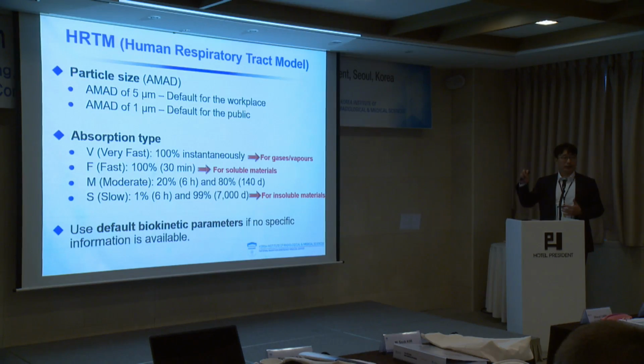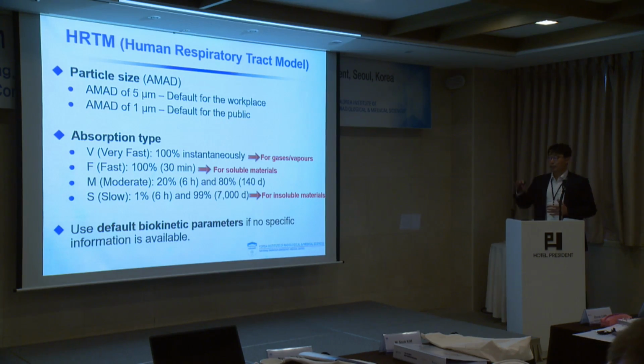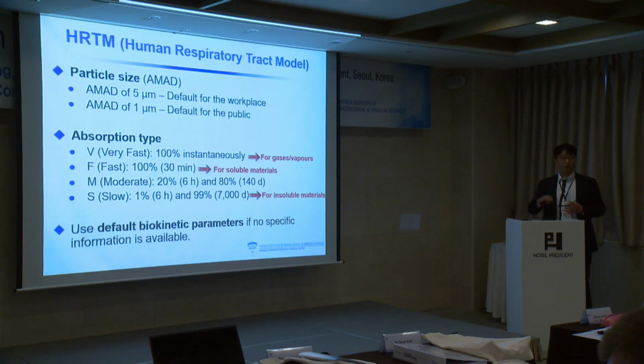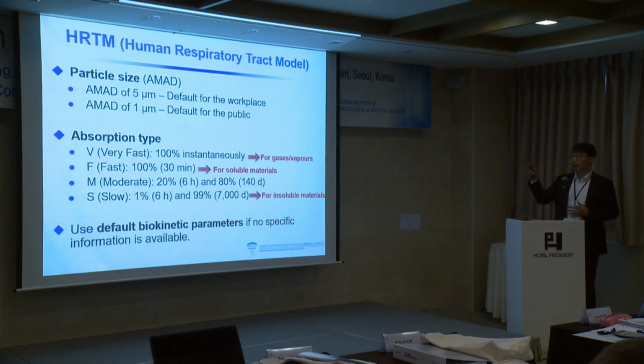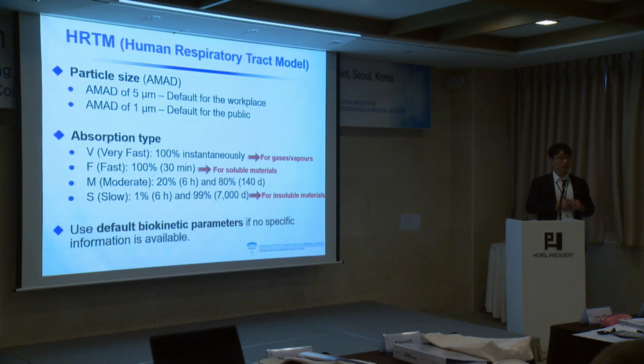So this type can be applied for soluble type material. And moderate type means that 20% of the radionuclides will be transferred into the blood with a 6-hour half-time, and the other 80% will be transferred into the blood from the respiratory tract with a 140 days half-time. So moderate type can be applied for material with medium solubility.